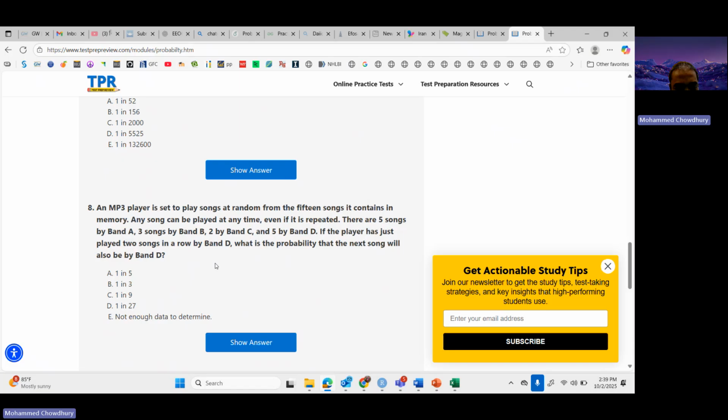Any song can be played at any time, even if it is repeated. There are 5 songs by band A, 3 songs by band B, 2 songs by band C, and 5 songs by band D. If the player just played 2 songs in a row by band D, what is the probability that the next song will also be by band D?